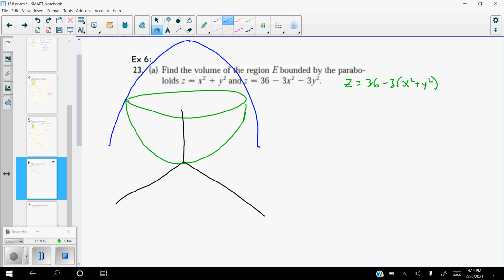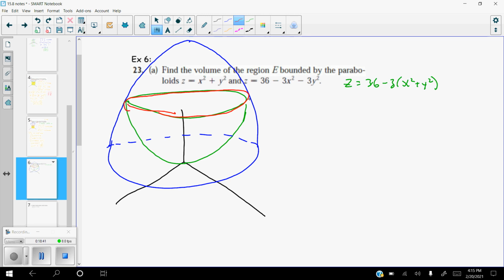And because it's going to keep on going, at some point these two paraboloids will intersect. Basically, all along this red line here, these things are going to intersect along that red curve. That's going to be important, because what we're looking for is the region bounded by these two.